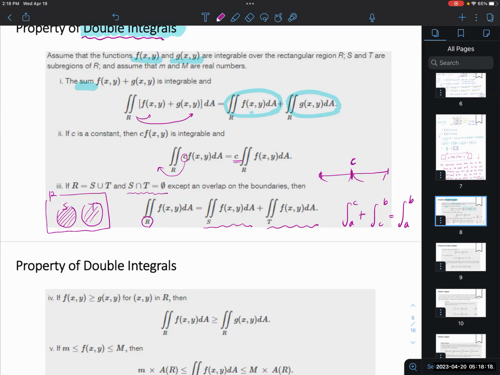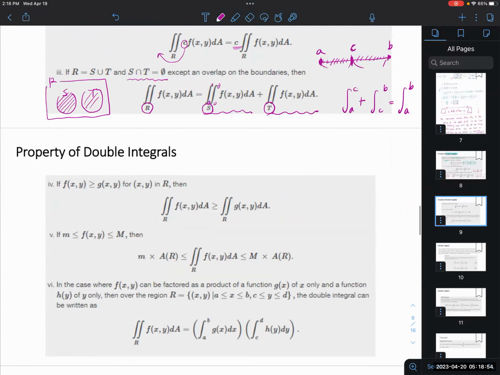We have three different points, A, C, B. From A to B, there is a middle point C. So A to C, plus the next one, with no sharing, is the same as A to B. So the same thing as our S and T. The reason we are using S and T is because they're different intervals. If there's no commonality between them, it's simply the same as the entire R. So this property is also the same as in calculus 2.